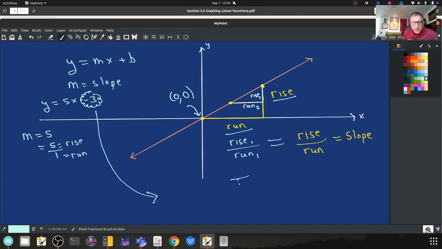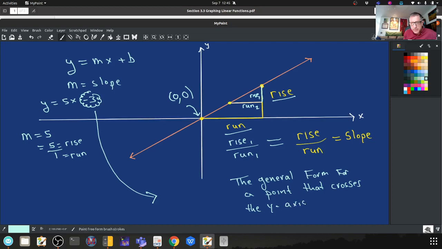So the general form for a point that crosses the y-axis is, I know half of the coordinate of the ordered pair is 0, so 0, b.